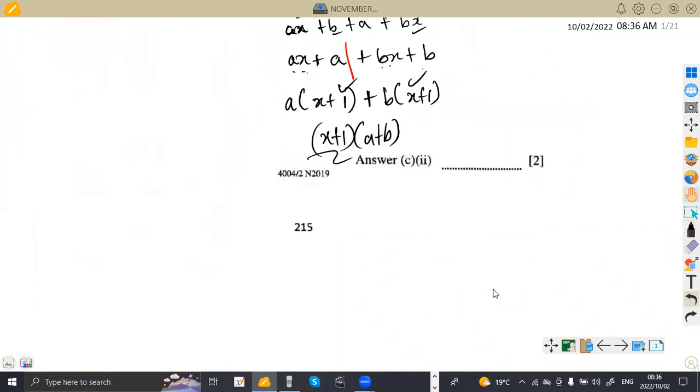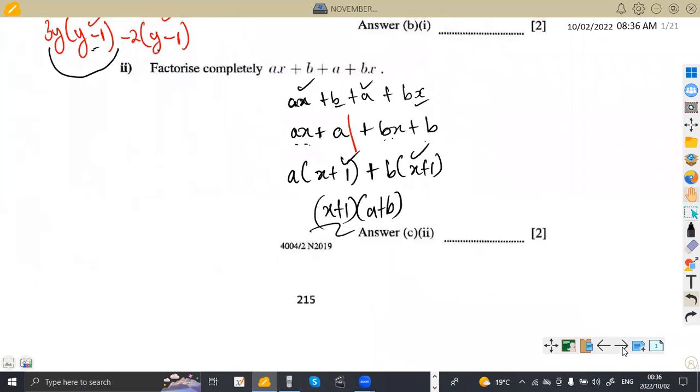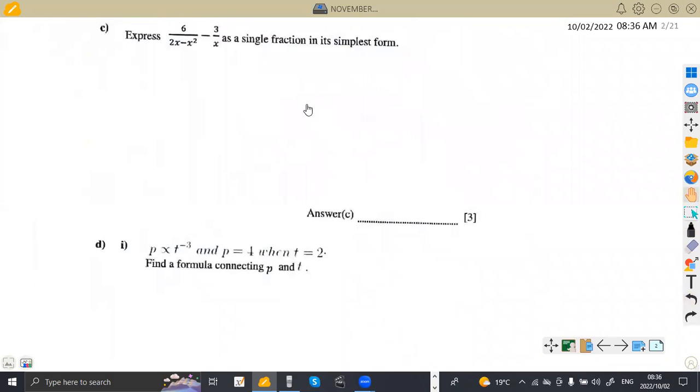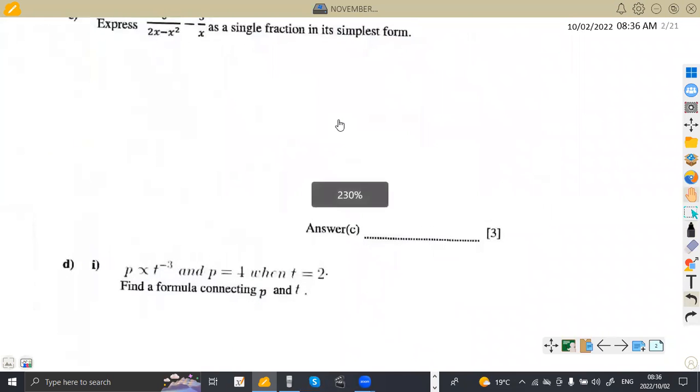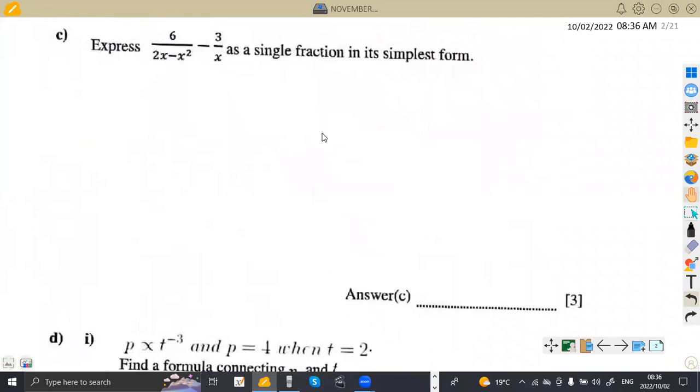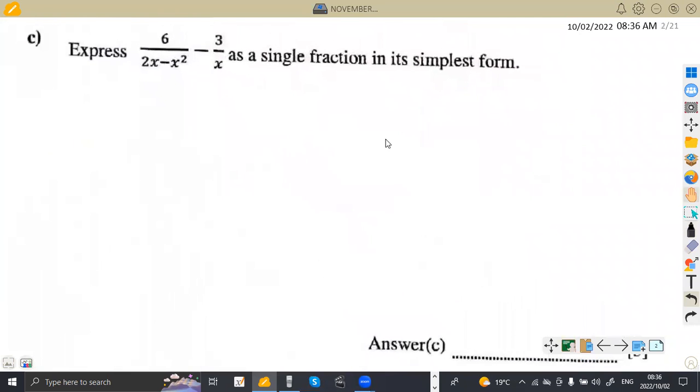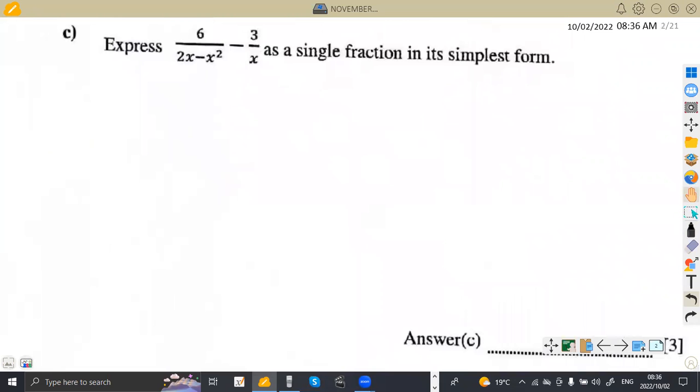Let us see the other part also, what we are given. The C part is express this as a single fraction in its lowest terms. Okay, so here, guys, a matter of factorization of the denominator, so that you can find the LCD here. So it's 6 over x is common here, so you can actually factor out x. If you factor out x, you're going to remain with 2 minus x, and the other fraction is x minus 3 over x.